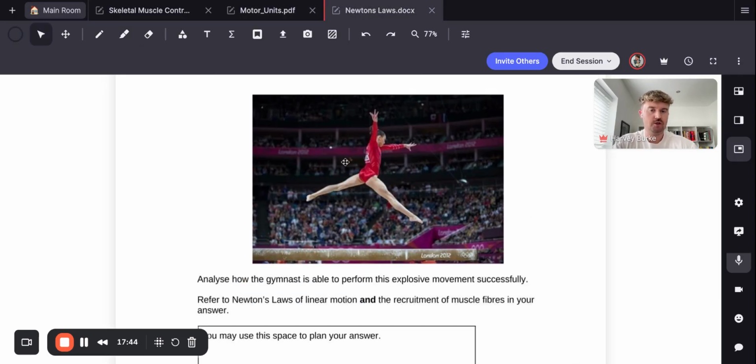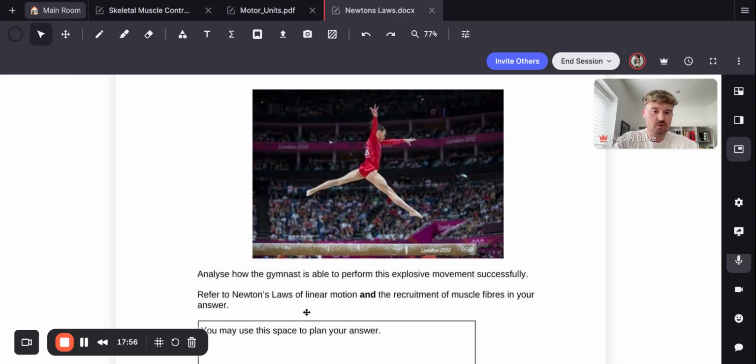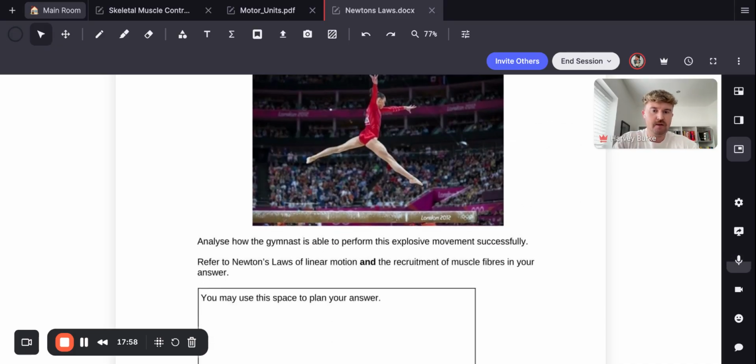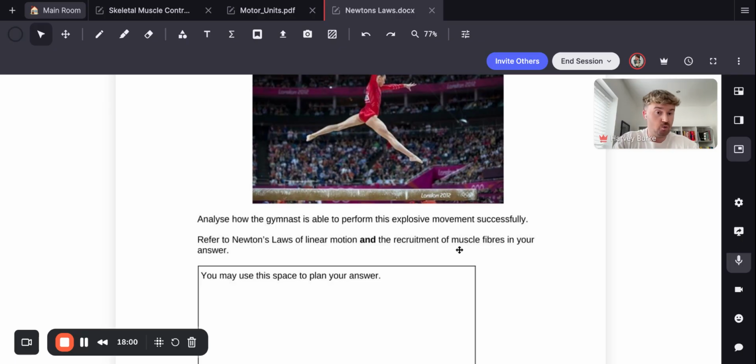And then, as I mentioned at the start, AQA don't really ask about how the brain recruits muscle fibers so much. They're just AO1 marks, knowing what a motor unit is and knowing what the all or none law is. So this was, I think, a 15 marker, yeah. And it was linking Newton's laws, but also the recruitment of muscle fibers.